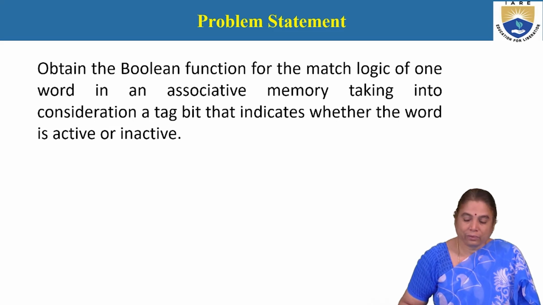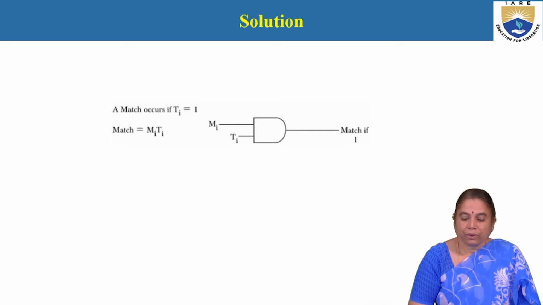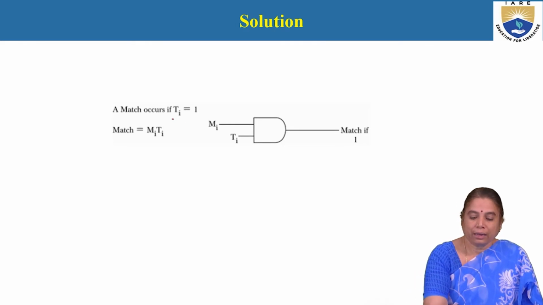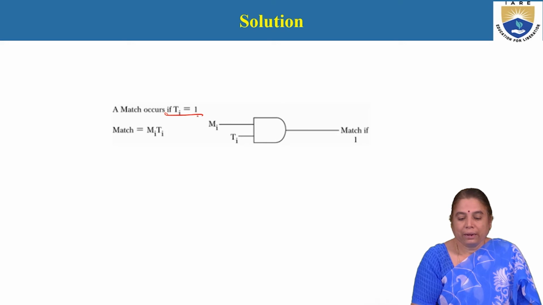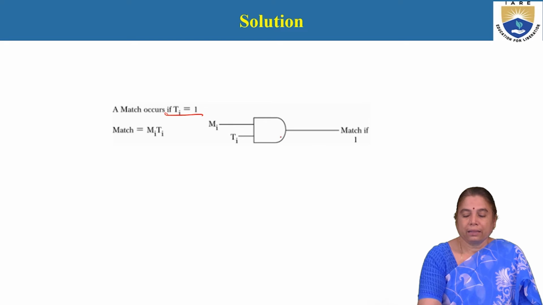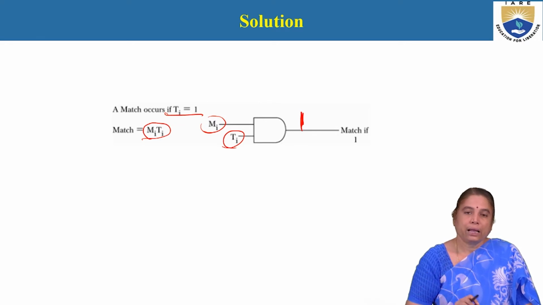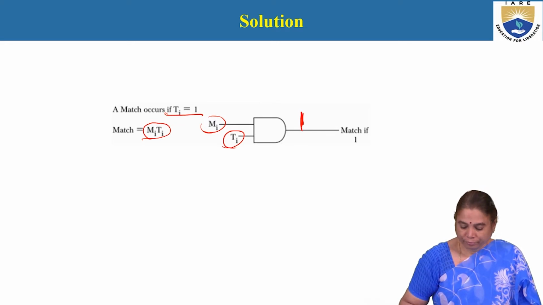So here the match logic occurs when the tag bit Ti is equal to 1. With the AND gate, the match logic is implemented. Mi is the match bit, Ti is the tag bit. So Mi times Ti is the match logic. When this produces 1, the word is available in the associative memory. So this is the Boolean function.